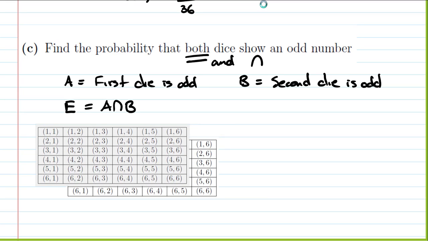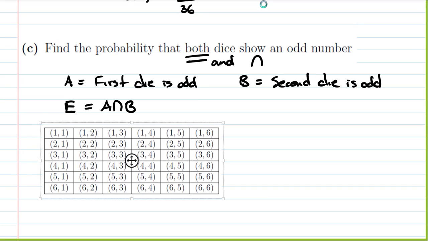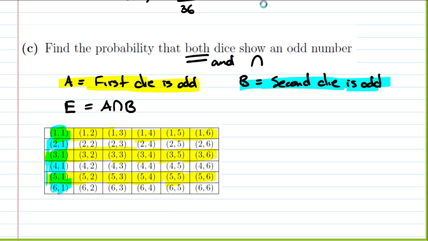So our event A is that the first die is odd. Well, if the first die is odd, that's going to be the first, third, and fifth rows. So that's our event A. Our event B is the second die is odd. So that's going to be the first column, the third column, and the fifth column, right?